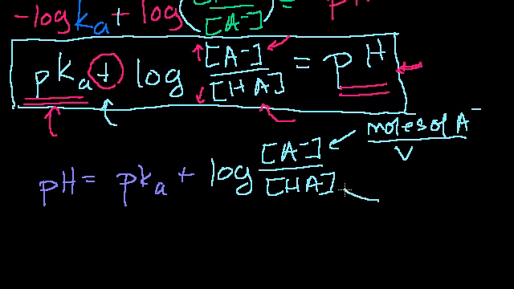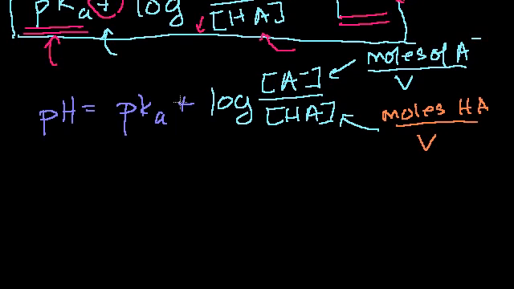And this is, let me do another color, moles of our weak acid divided by whatever volume. So we have a volume divided by a volume. If we multiply the numerator and the denominator by volumes, we get this. We can get rid of concentration and just describe it in terms of moles, or just the number of molecules.